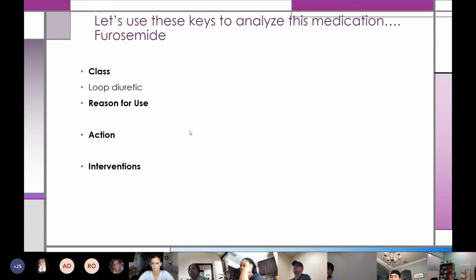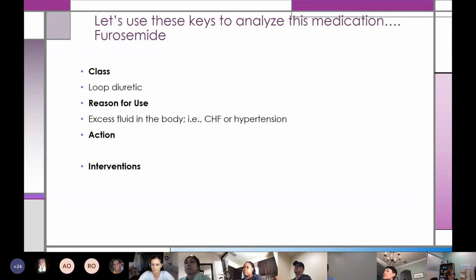All right, good. Why do we usually give it? What is the reason for this particular medication? What's the usual reason for giving this particular med? Why do we give it, like fluid overload or heart failure? Yeah, excess fluid in the body, such as, like you said, heart failure or hypertension. Okay, we can actually give it for that as well.